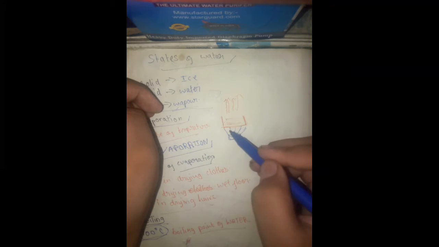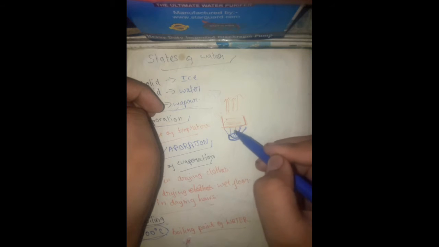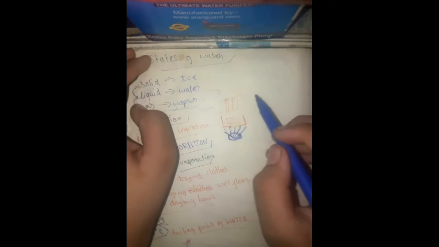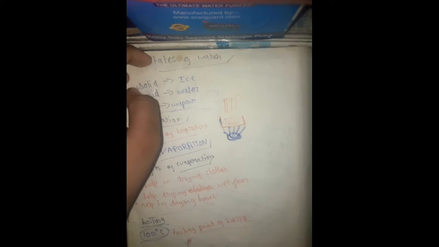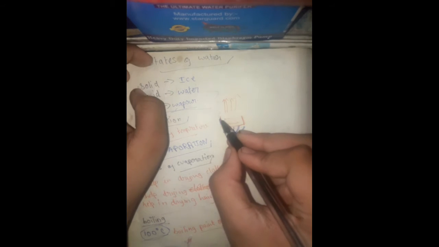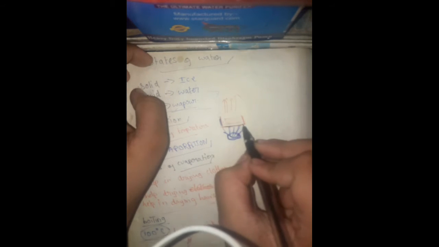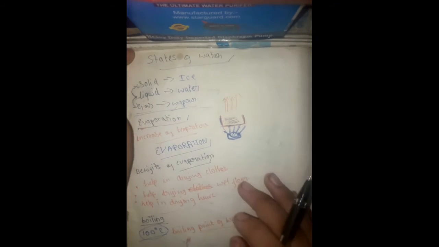This is the gas stove, the flames, and in this container over here there is liquid water. Is it visible?